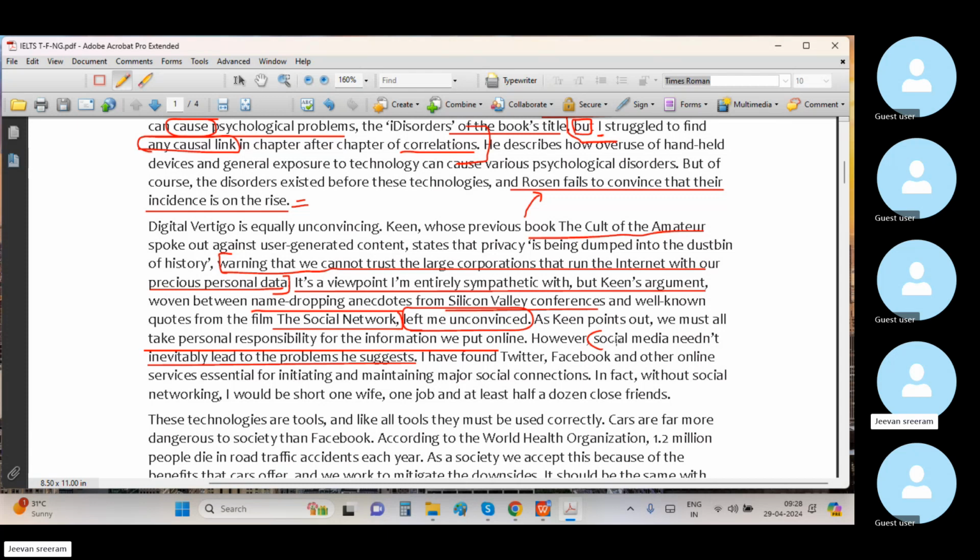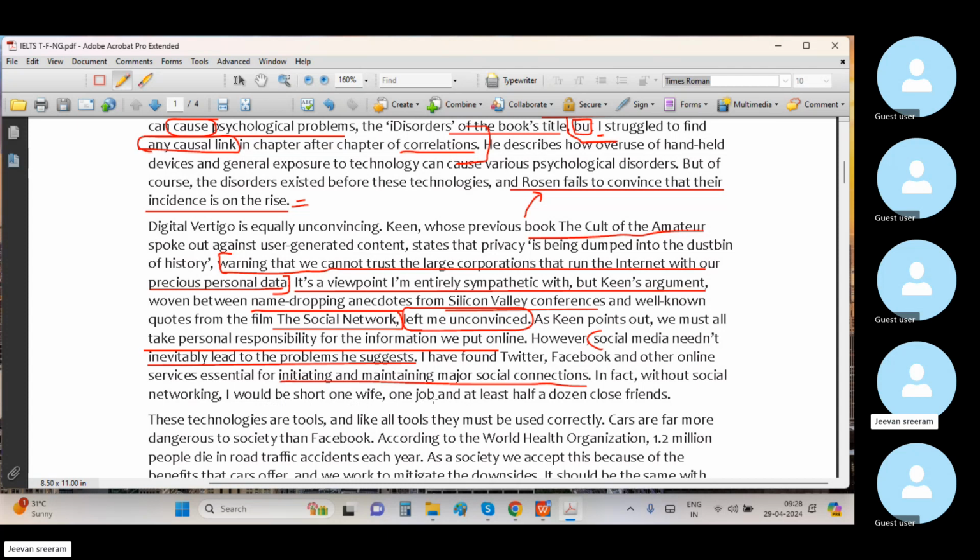As Keen said, right? Even the author has given clear proofs, clear evidence from his personal experiences. Twitter, Facebook, and other online services were essential for initiating and maintaining major social connections. In fact, without social networking, what would he have ended up with? "I would be shot, one wife, one job, at least half a dozen close friends."